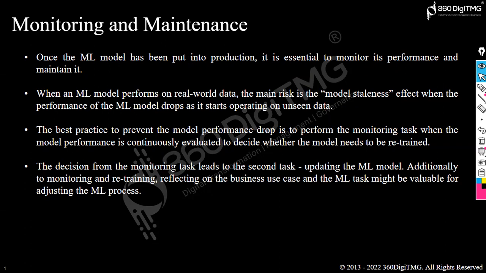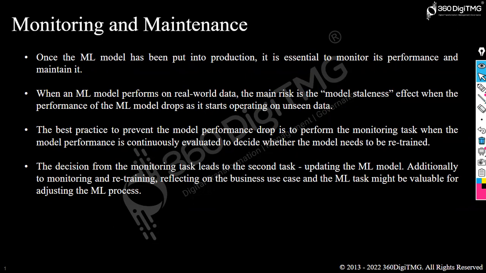When we say modeling and maintenance, it always refers to validating when there is an unusual change in the model, or whenever there is a decrease in the performance of the model.